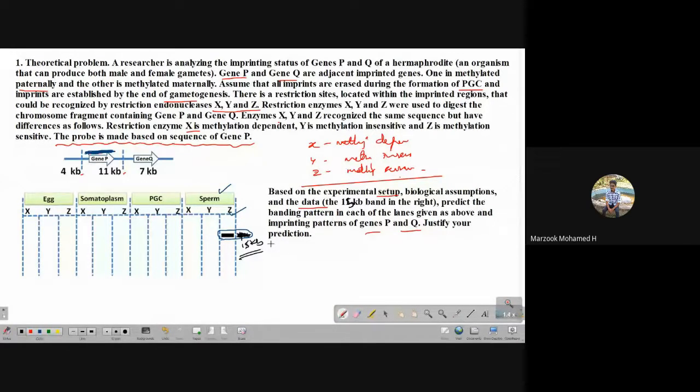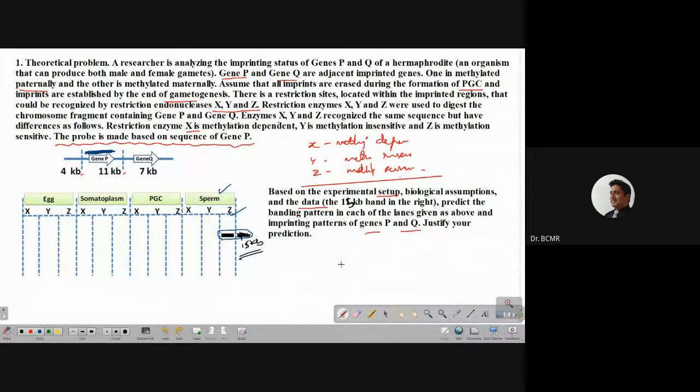Sir, first we have to clarify about the restriction enzyme, sir. What is methylation dependent? Oh, did we never discuss that? We discussed, sir. Okay, but then it's all right. So if there is a restriction site, say there is a restriction site here, I will just take a real example.